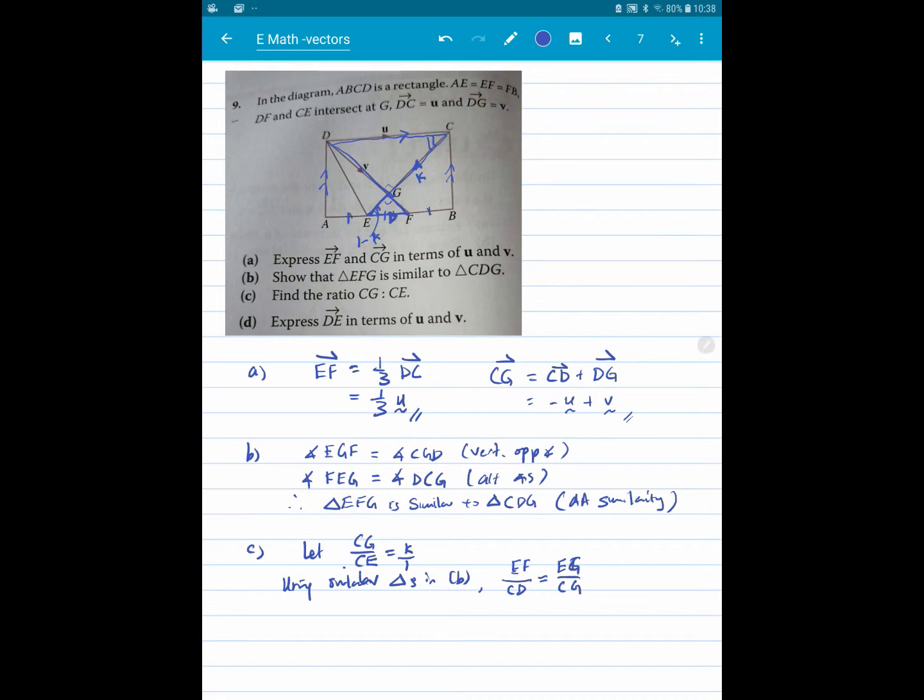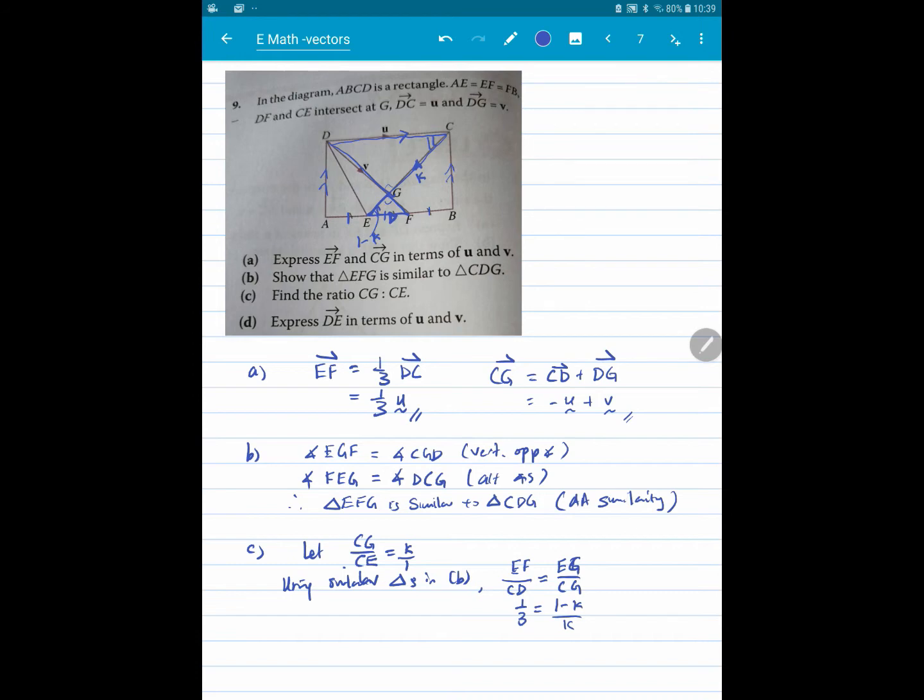Let's plug in this value. EF over CD, we know that this is 1/3. And EG we have already identified as 1 minus K, and CG would be K. So EG over CG would be 1 minus K over K.